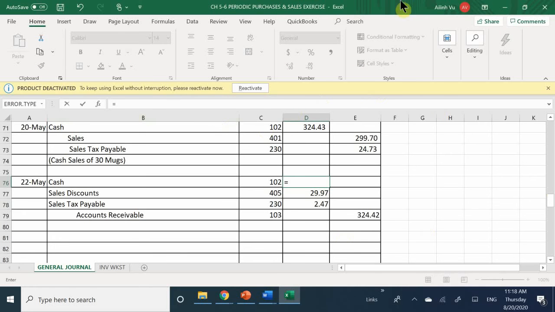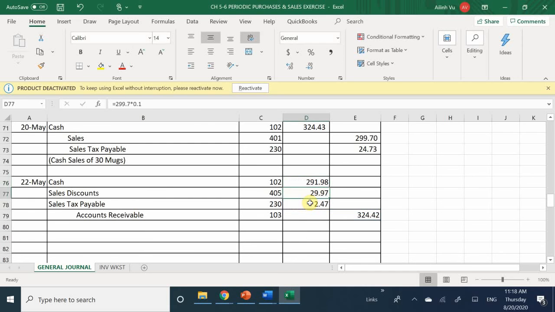He's going to pay us this amount, minus the discount, minus the tax. And what did you say? 91.98. Yes. $291.98 should be the amount that you're actually receiving out of the total amount that he actually owed us.